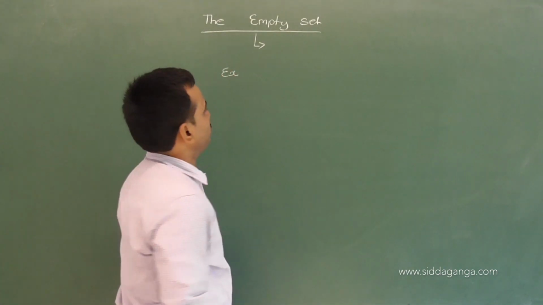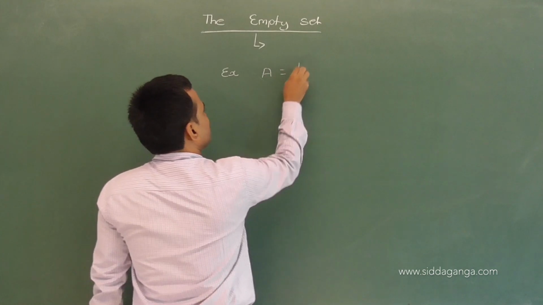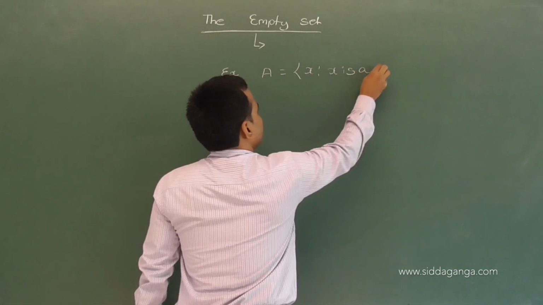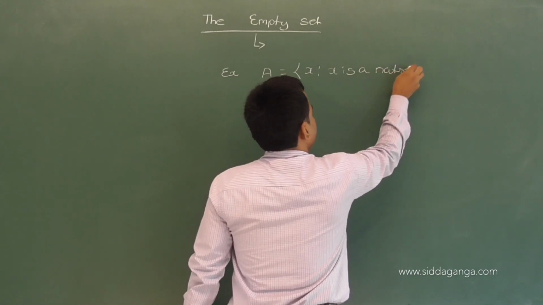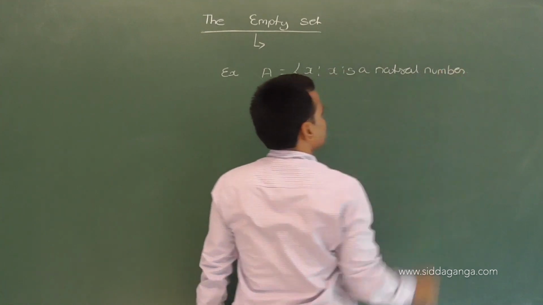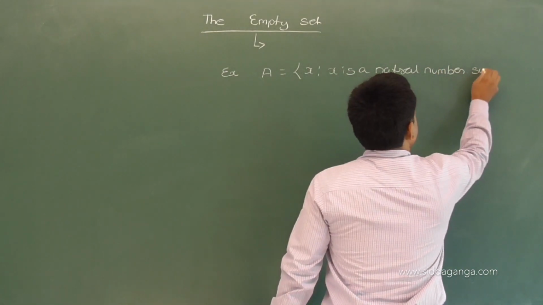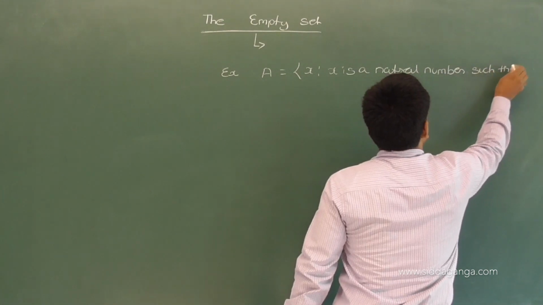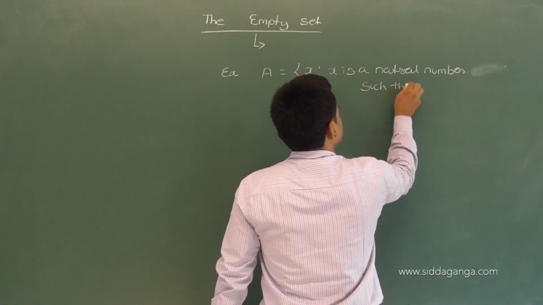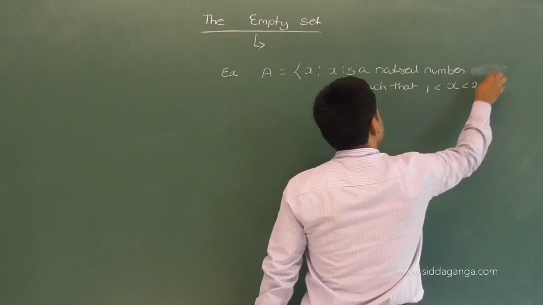So I give an example. For example, I write in the rule method, x such that x is a natural number such that x is greater than 1 and less than 2.